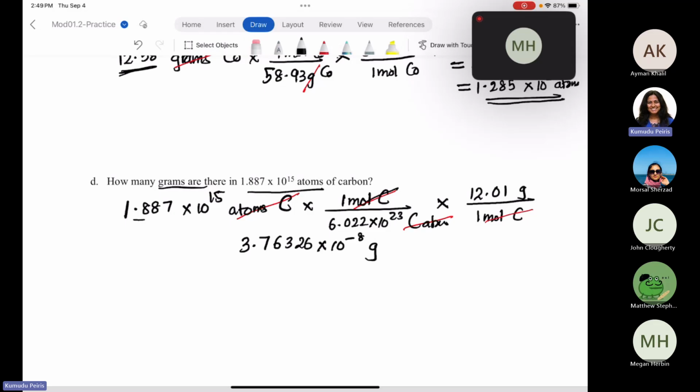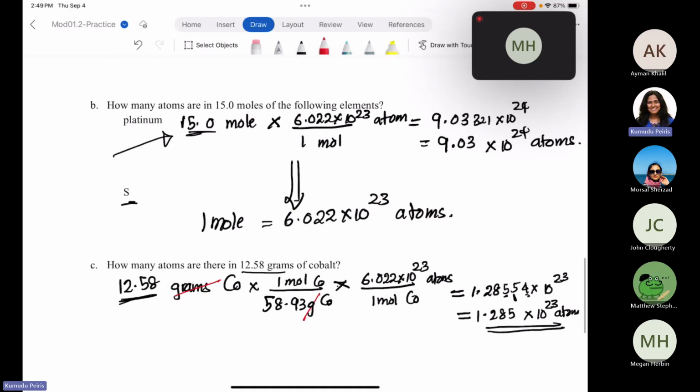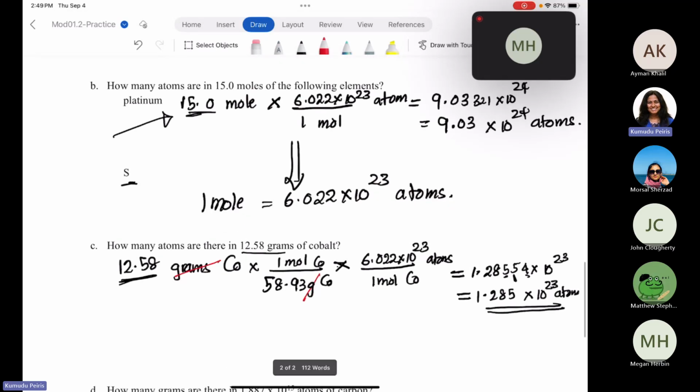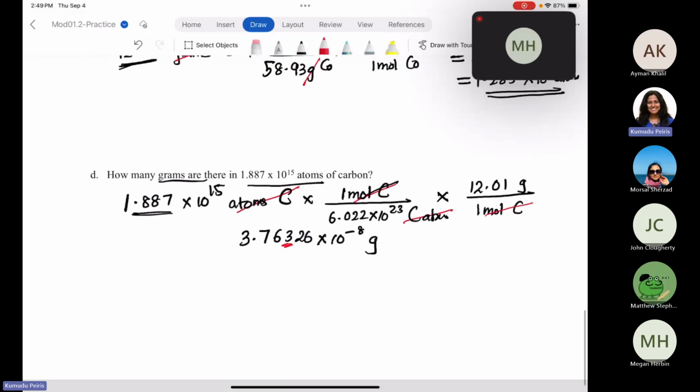So we are given the answer with four significant figures. Here is the fourth one, and we have the number 2 after that, but it is less than 5. So we'll give the answer as 3.763 times 10 to the negative 8 grams. Okay, do you have any questions?